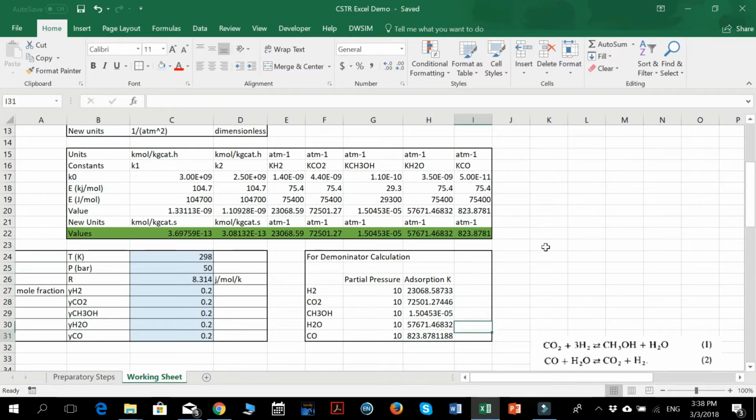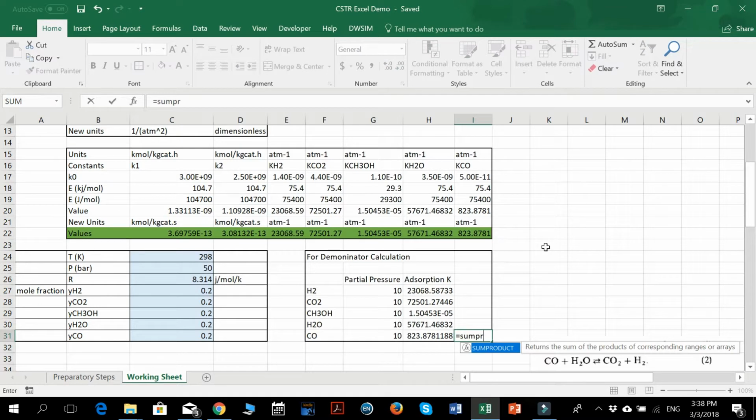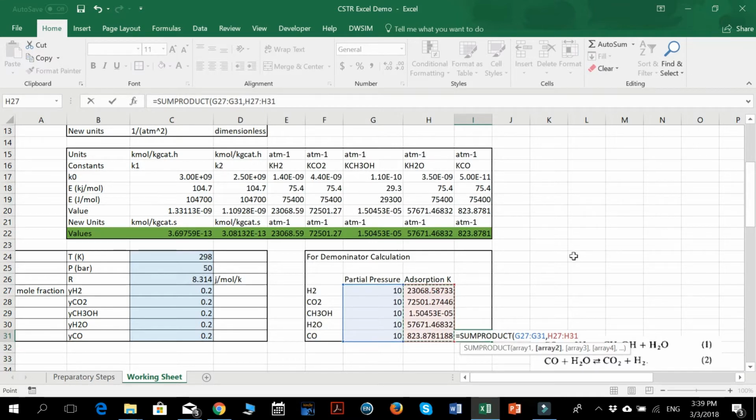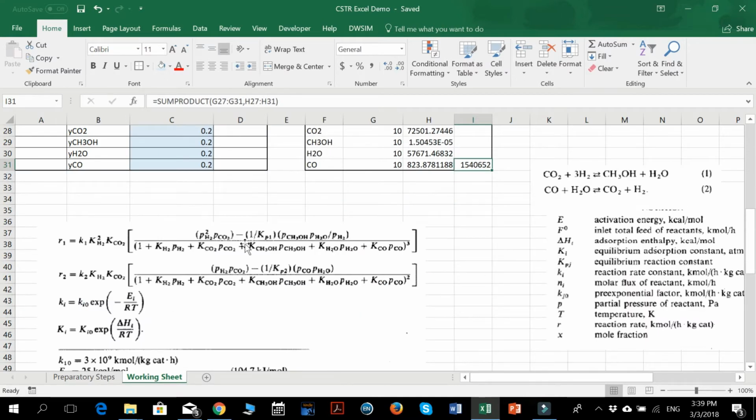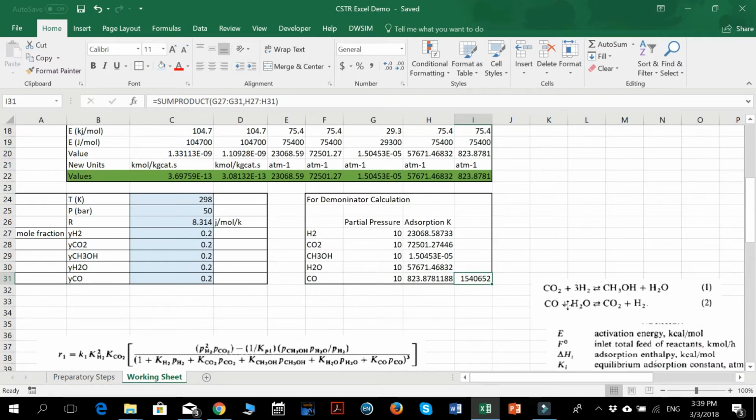Again we can do a SUMPRODUCT. So I'm going to double click this. First array is going to be here, second array is going to be here. Close. And that is the value of the denominator before I cube it or square it.